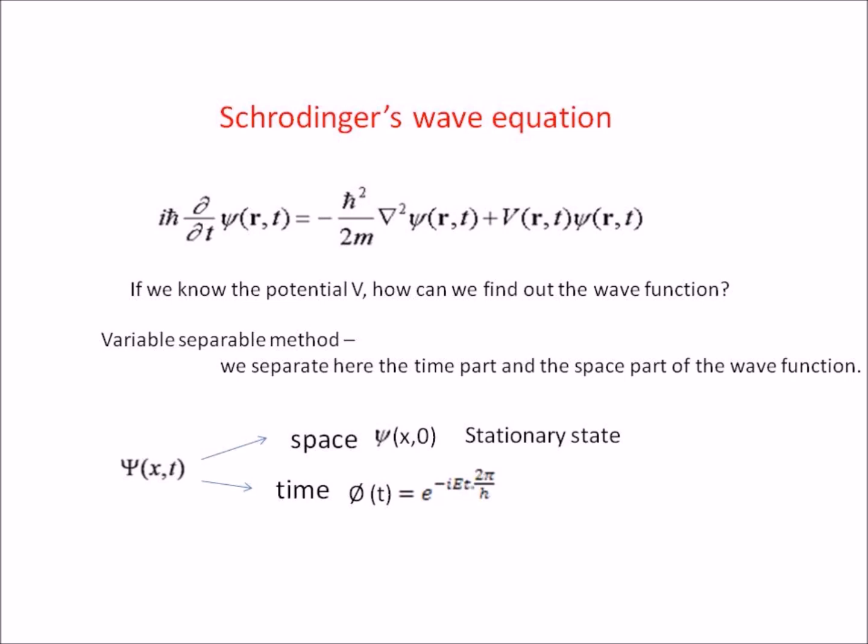So if we separate this, we can write ψ is equal to the time part into the space part. So this is the basic idea of the variable separable method.